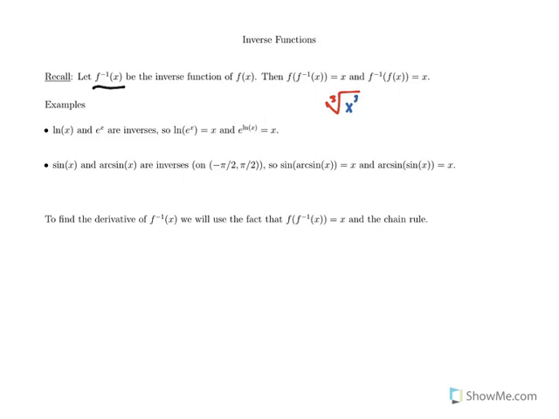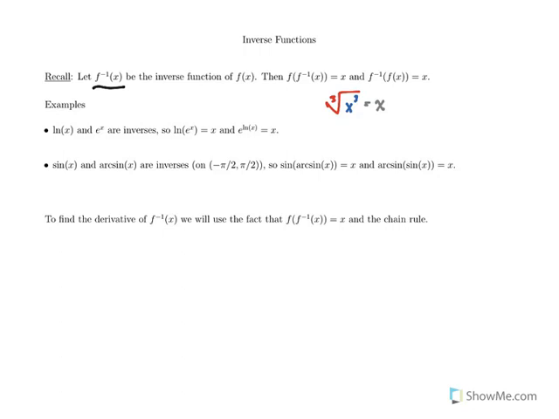We can clearly think about the cube root and the cube canceling each other out, and we're left with just x. We can do this with other more complicated functions, such as natural log and e to the x, as those are inverses. So that means that natural log of e to the x is equal to x, and e to the natural log of x is also equal to x.